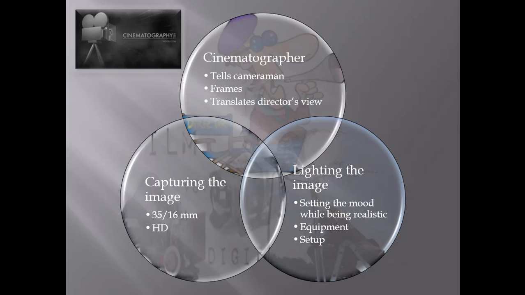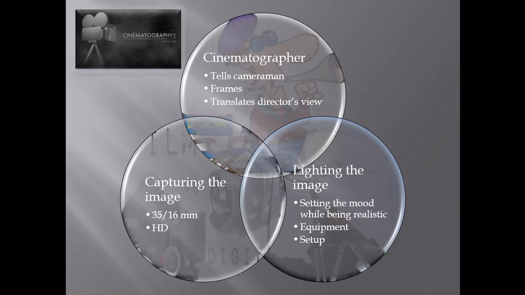As regards lighting the image, it has two functions, that is to set the mood of the scene while being realistic about the source of lights. And this is done by what you use and where you put it. That would be the equipment you use and where you set it up, the setup of that equipment.